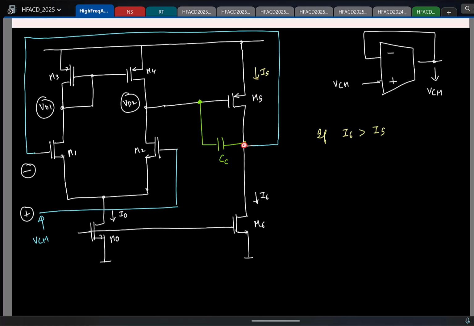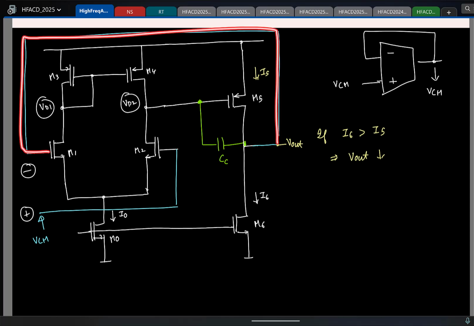What will happen to this voltage? If I call this Vout, what will happen to Vout? I'm drawing more current from this node than the current that is being pushed in. Vout will decrease. And remember, Vout is connected to my inverting terminal.